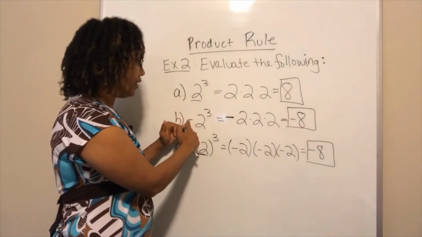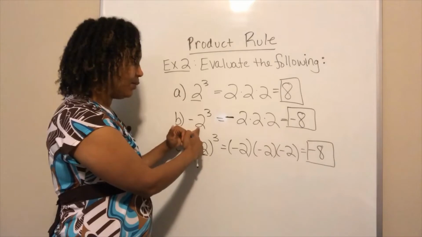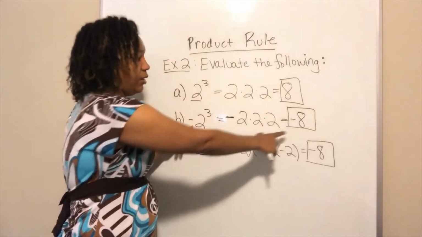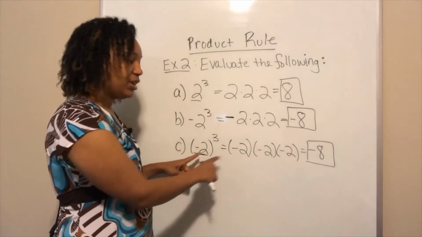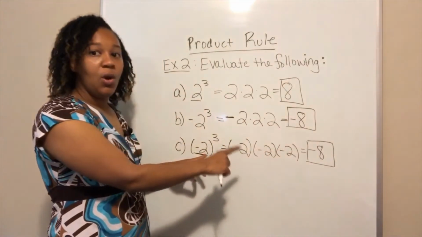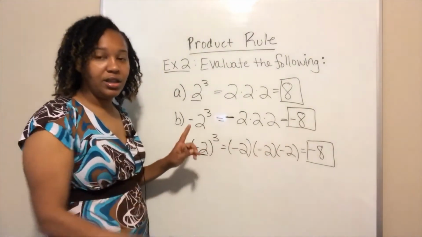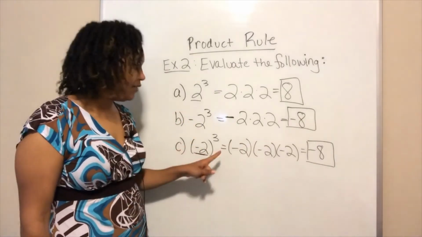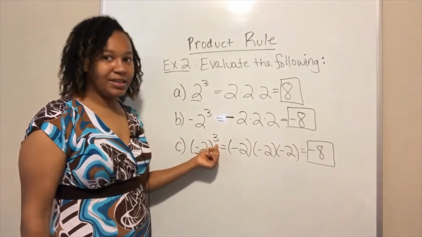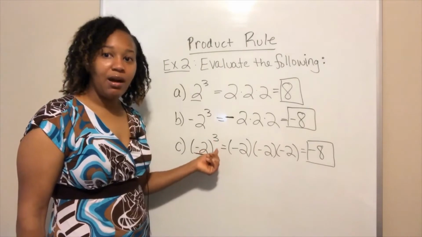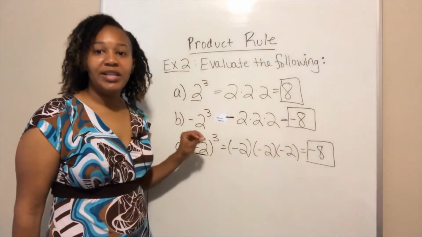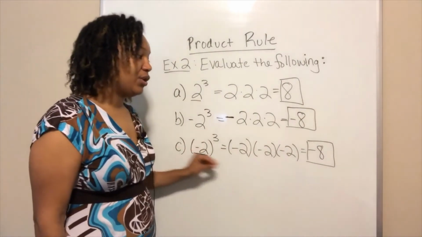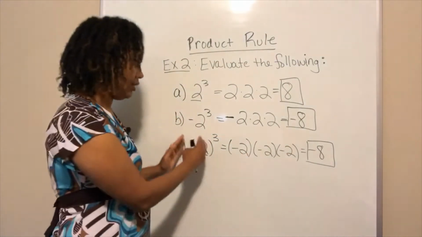So the thing is, if the negative is not in the parentheses, then you're going to end up with a negative solution. If the negative is inside the parentheses, you can either end up getting a negative or a positive solution. And the thing that lets you know whether it's going to be negative or positive is based on the exponent. If the exponent is odd and it's in parentheses, you're going to get a negative solution. If the exponent is even, then you'll end up with a positive solution if that negative is in parentheses.